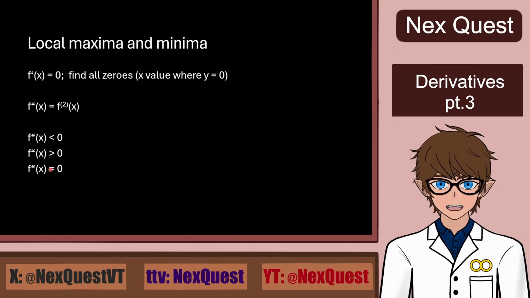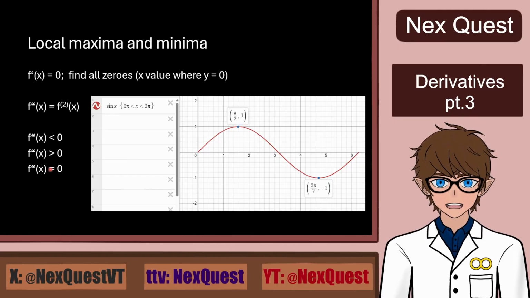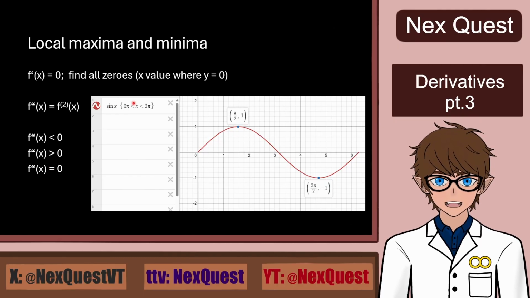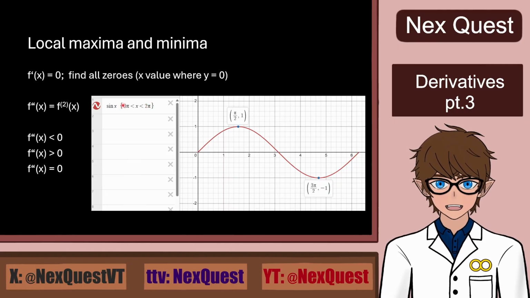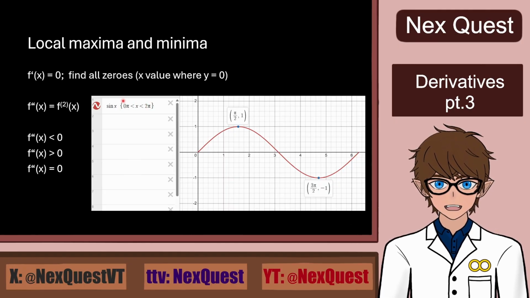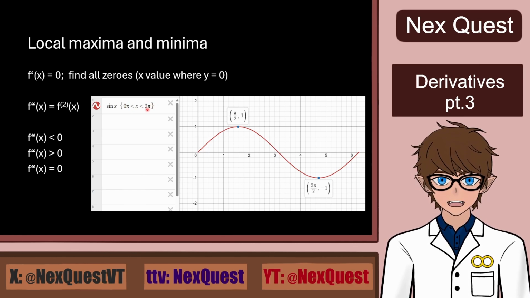What does which give? Let's consult our professional friend, Desmos. I graphed a function of sine of x, but I added a limit. These brackets determine that the graph will only be defined for x values between 0 and 2 pi, so one interval.